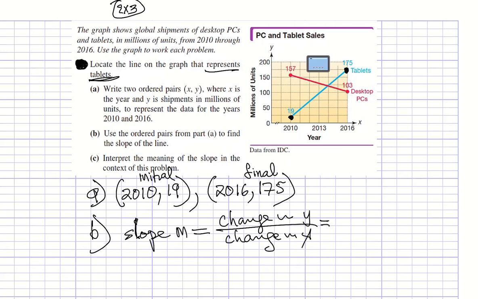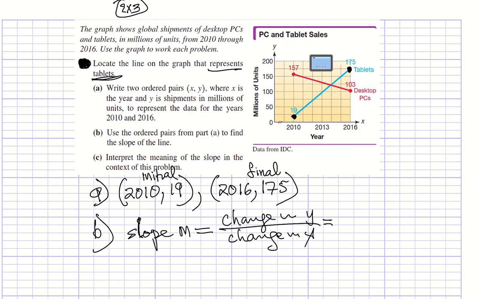What is y and x? X is the years, right? So we'll say 175 minus 19 over 2016 minus 2010. You see that, right? So you have to be consistent.